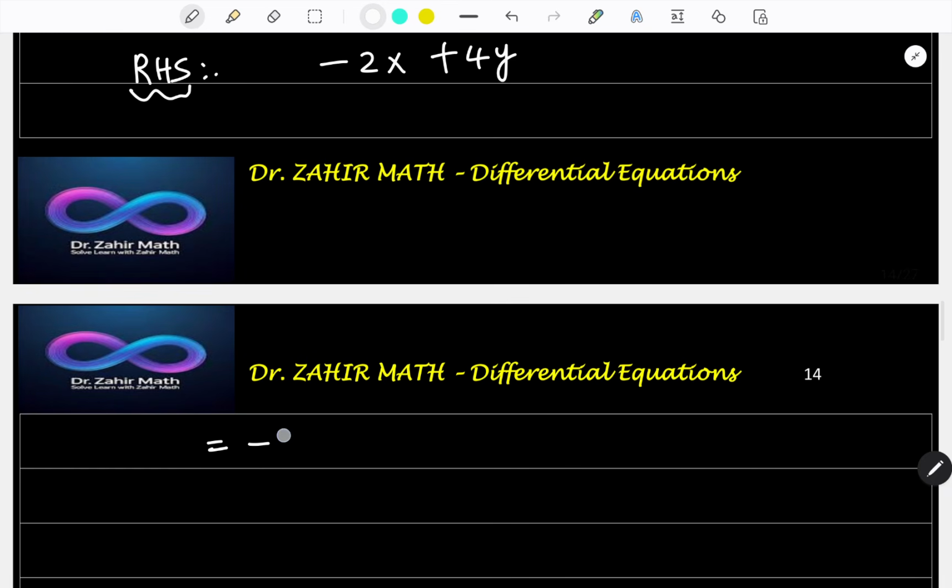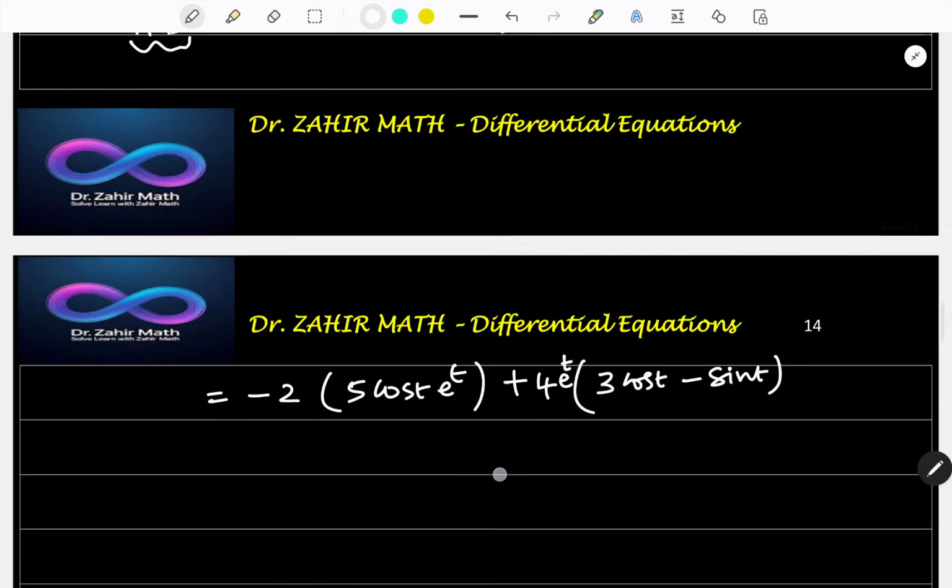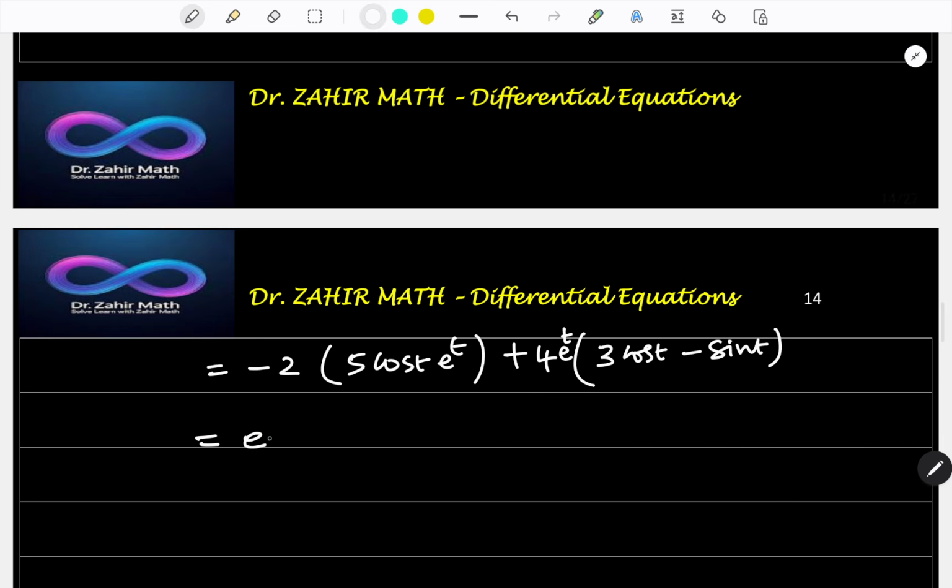So this is equal to minus 2x, and x we have as 5 cosine t e power t, plus 4 times y, which is e power t times 3 cosine t minus sine t. The common factor is e power t. If I take it, I get minus 10 cosine t, then 4 into 3 is 12 cosine t, and minus 4 sine t.